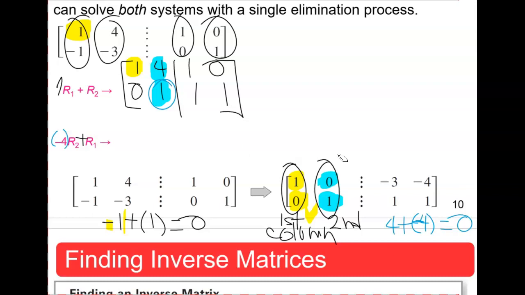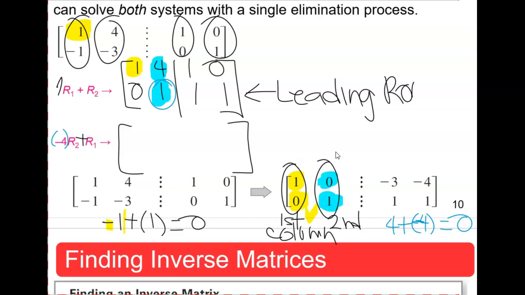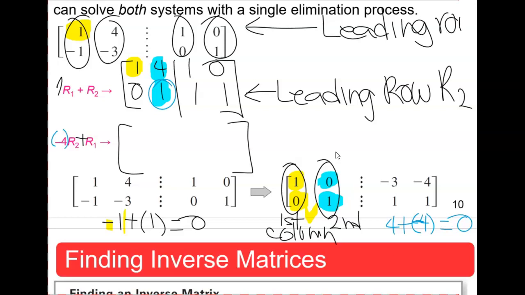So this is actually for the first row. So let's copy the leading row right here. Leading row is R2, and here at the beginning, the leading row was R1.